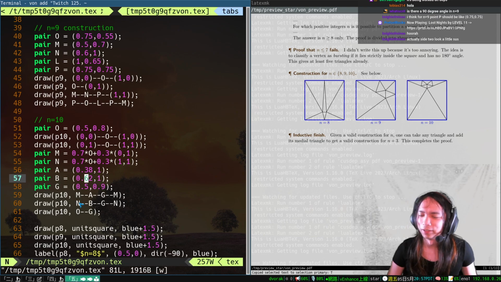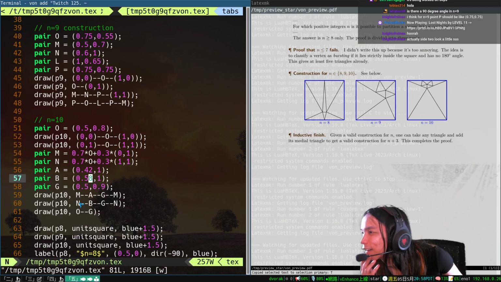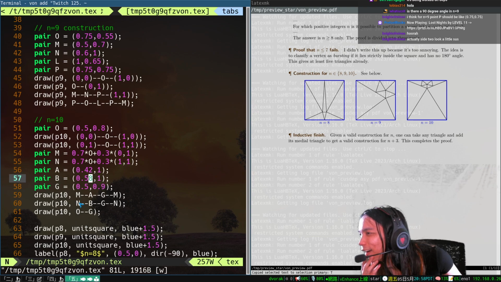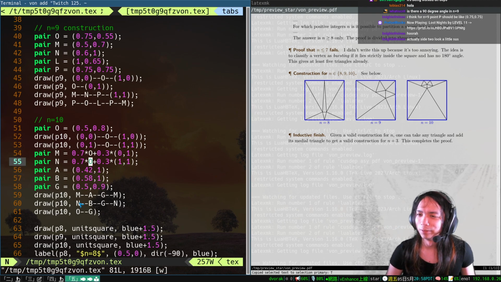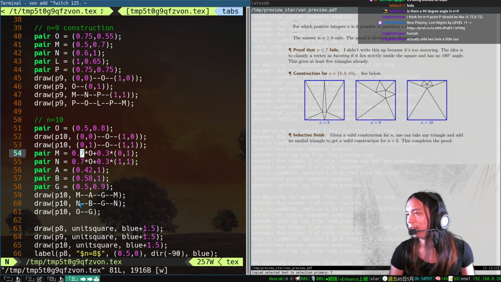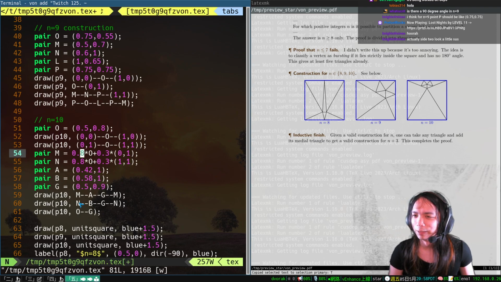Shit, no, that's too far. Come back! I think M and N should be a little... We can pull M and N closer to the end. I think that will help a little bit, maybe.